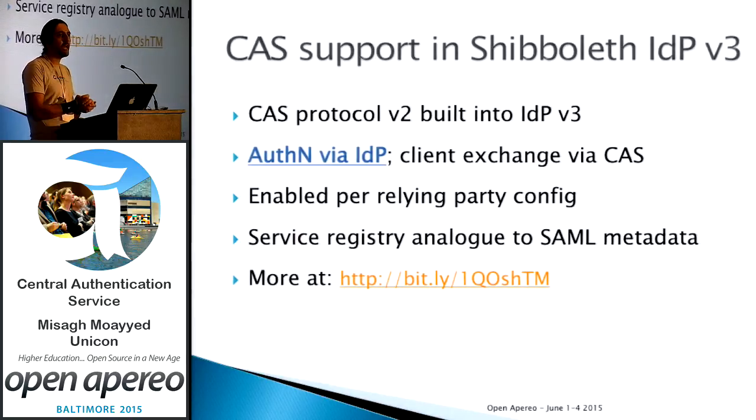But everything else, in terms of attribute release and all that sort of thing, is handled by the identity provider itself in the usual way that it does attribute release and resolution. Nothing different about that. It's only the service registry analog that attempts to provide a SAML-like metadata for CAS support in the identity provider.